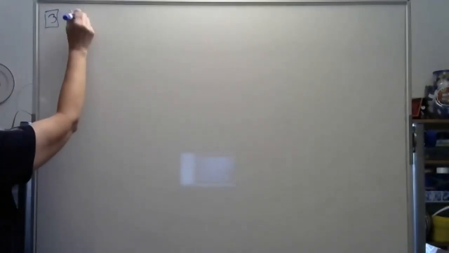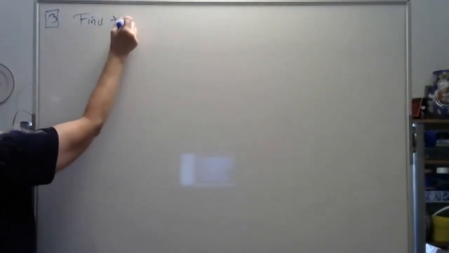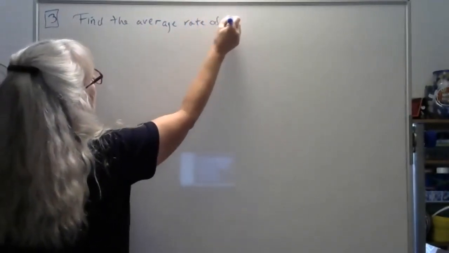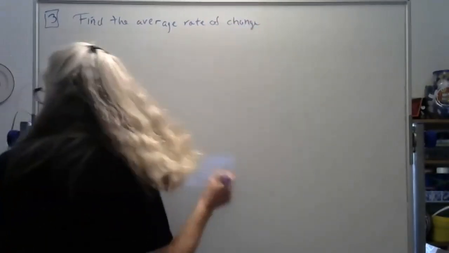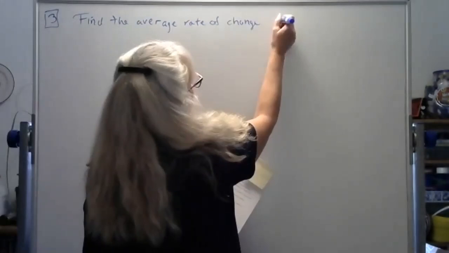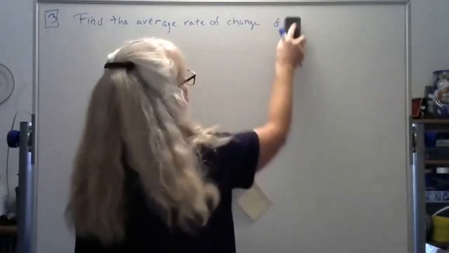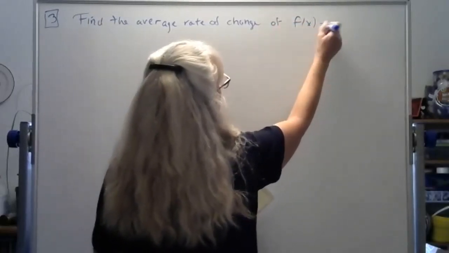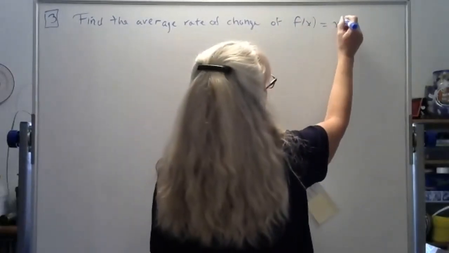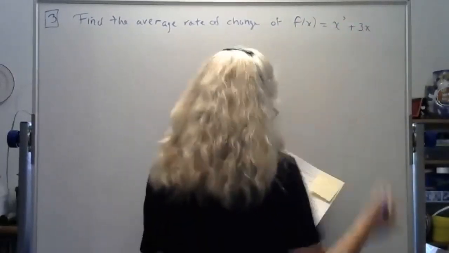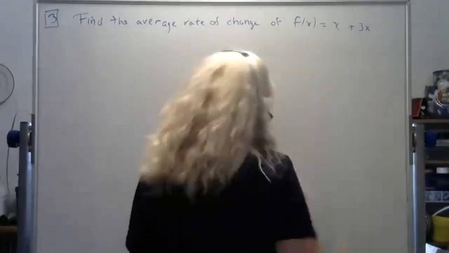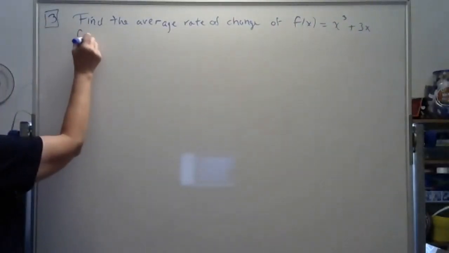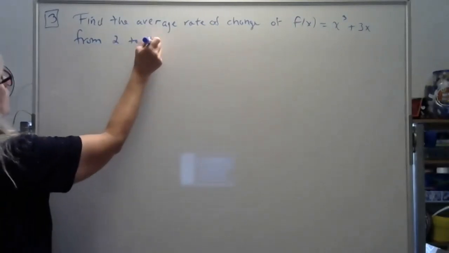Okay, number 3 is average rate of change. So I want to find the average rate of change of f of x equals x cubed plus 3x from 2 to 3.